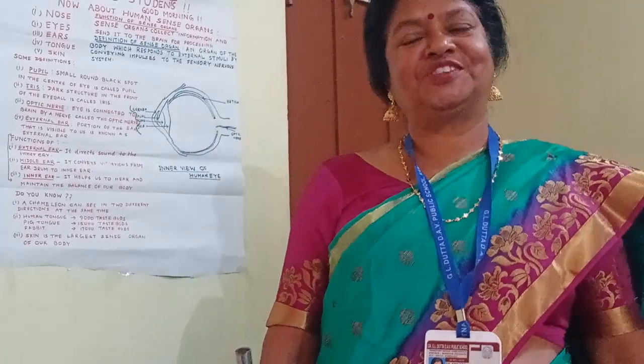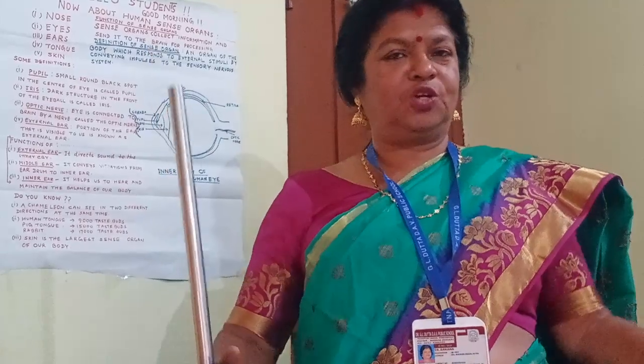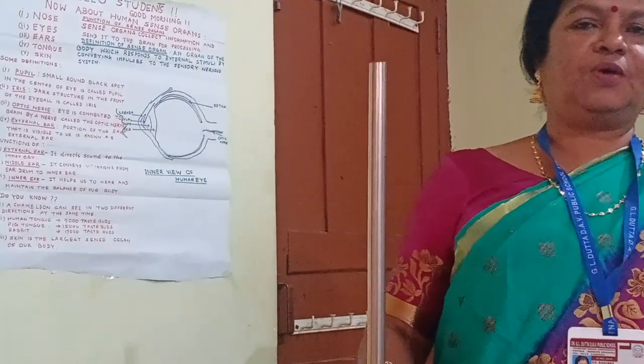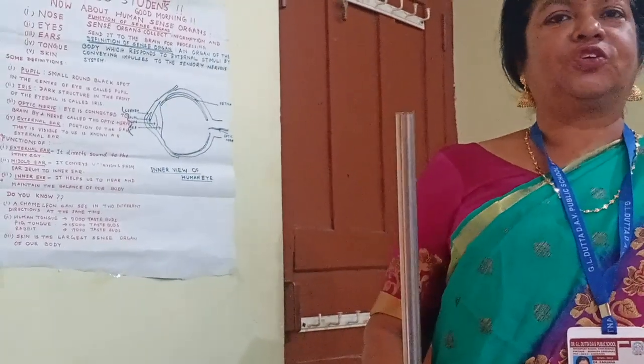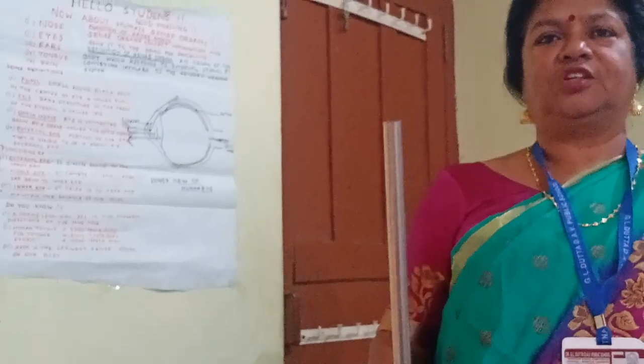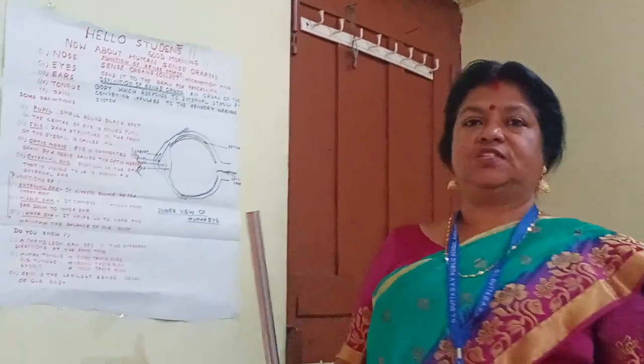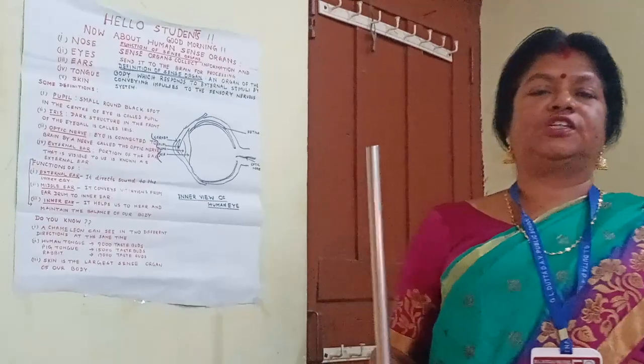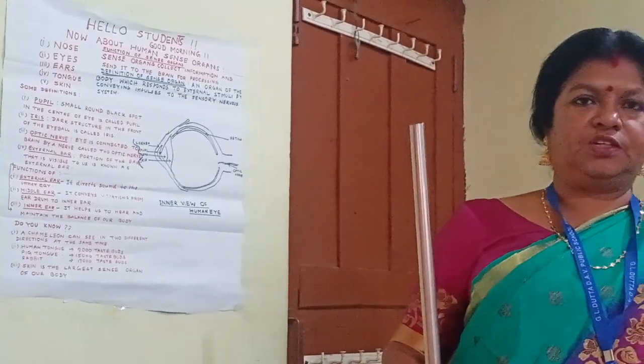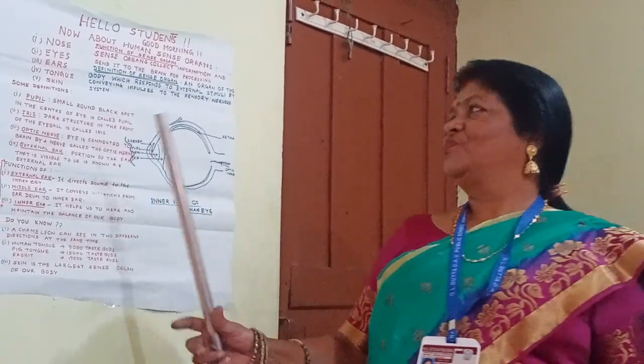Without light, we cannot see anything. If you are in a dark room, then you will not be able to see with your eyes also. So light is also necessary for watching. So what is the function of eyes in our body? It enables us to observe or see any object.